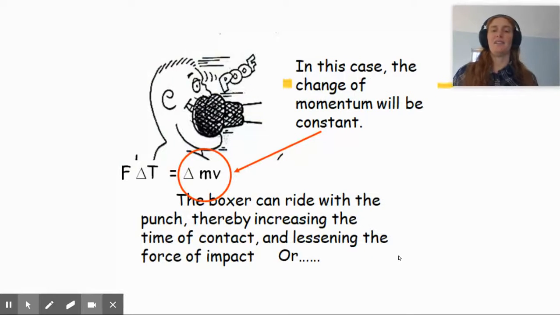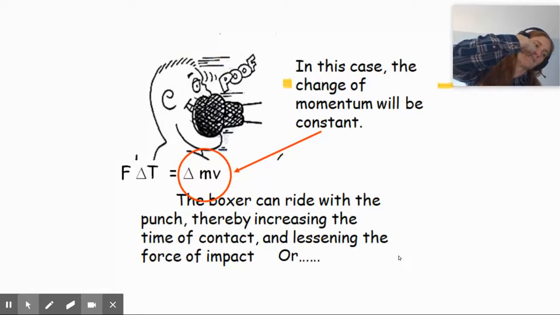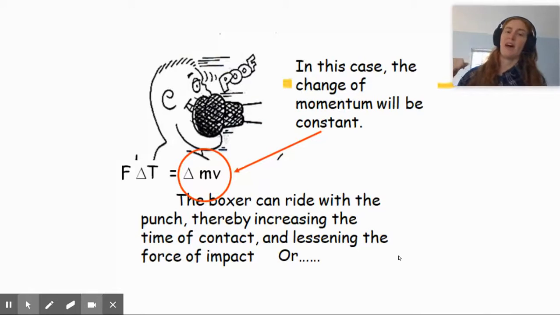Another example of this is in boxing. Boxers can ride with the punch. And what that means is if you're getting punched in the face like this, you can get punched and kind of keep going as you're getting smacked, so that way you have a smaller force over a longer amount of time, so that way it doesn't hurt your face as much.